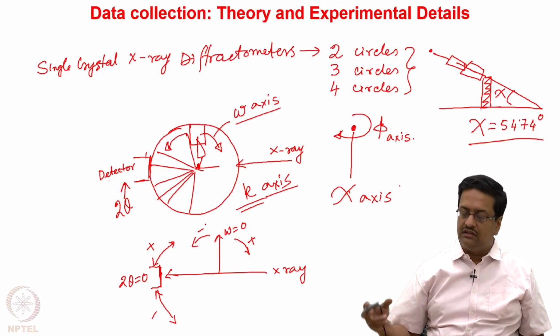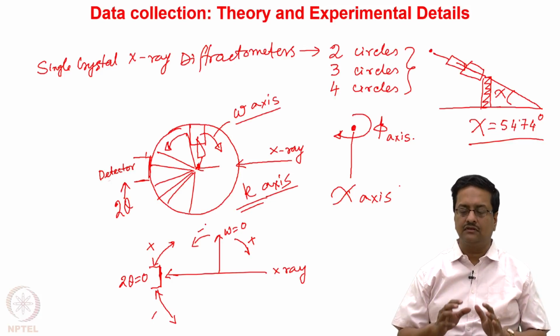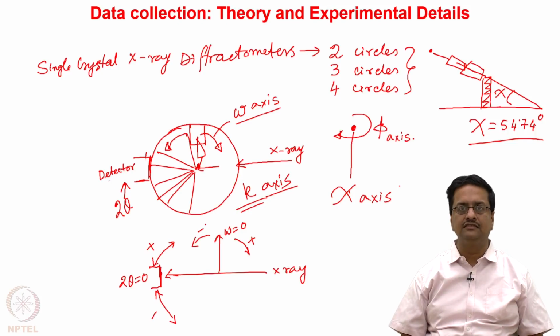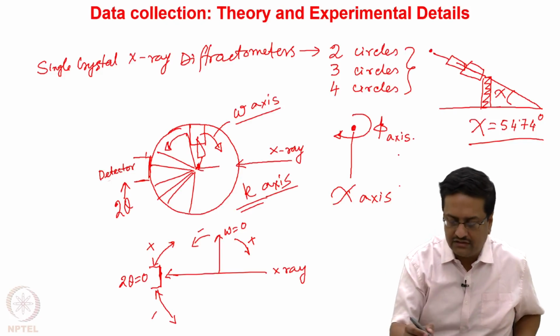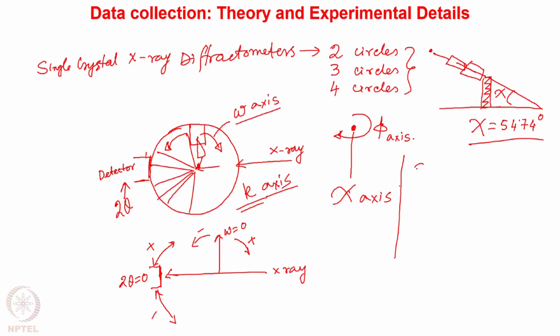So now in this particular setup there are three different possibilities. A diffractometer in which you can rotate both phi and omega, but chi and 2 theta are fixed, is called a two-circle diffractometer.